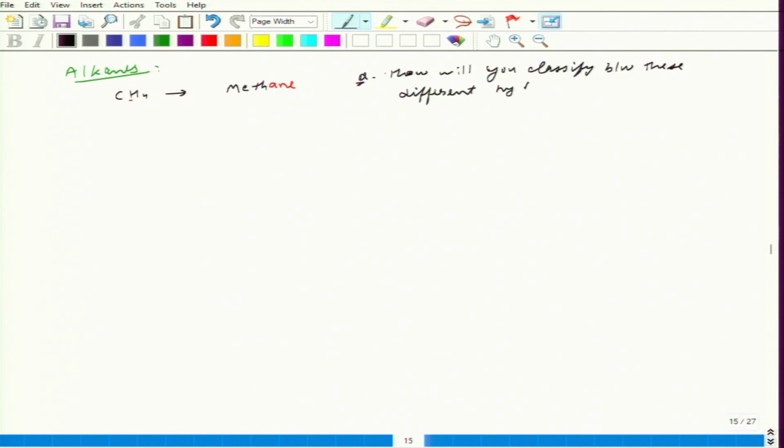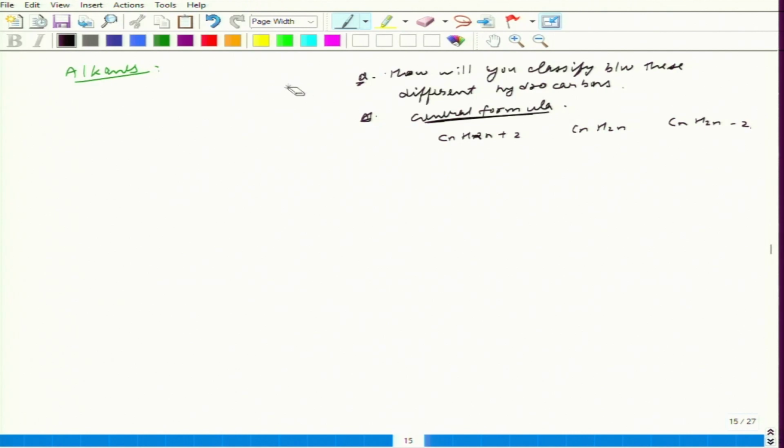The number of carbons you can directly count from the formula, but we need to understand how to classify them. I have already told you about the general formula. Sticking to that, we will distinguish whether it's an alkane, alkene or alkyne.